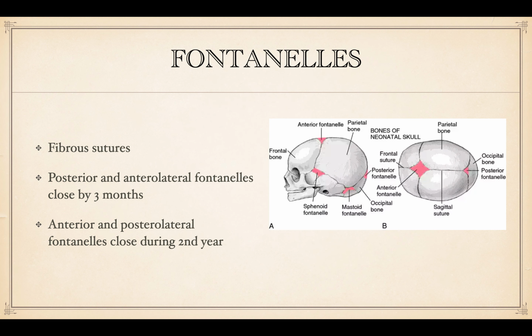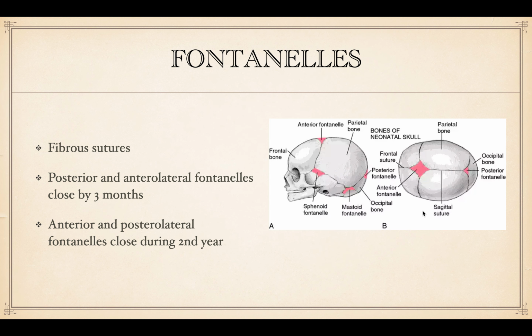So the infant is born with these soft spots in the head, and they're made out of fibrous cartilage. The sutures are also made out of fibrous cartilage as well, and they are there so that the head can flex when being squeezed through the vaginal canal during delivery, and for the brain to expand.